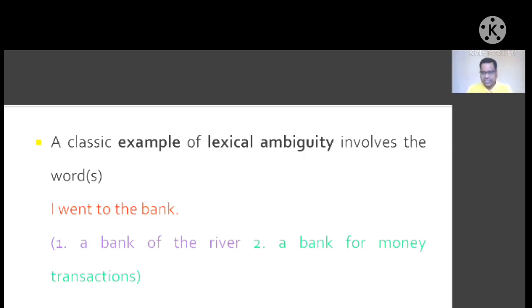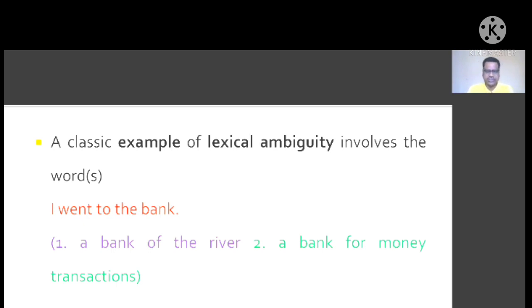And that is the very obvious meaning that everyone takes. But at the same time, you will also find another meaning of the word bank. Bank is a place where the money transactions are done.